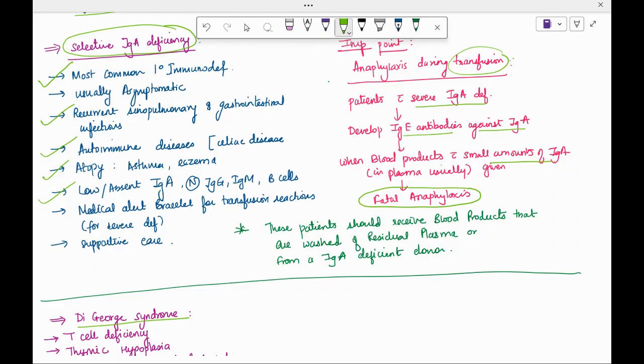That is why these patients have to receive blood products that are washed of the residual plasma or from an IgA deficient donor. So they need to have a medical alert bracelet before giving transfusion, to identify that they have a severe deficiency, and the solution is only supportive care.